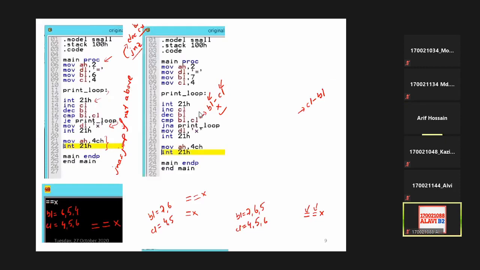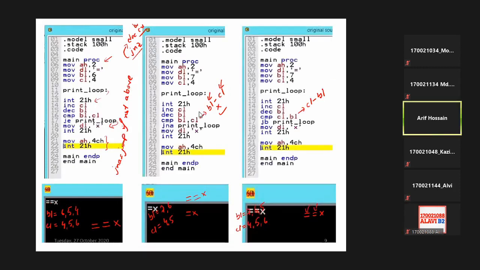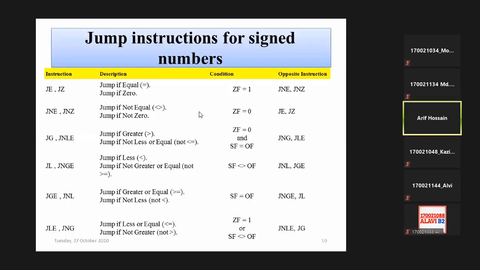Okay, so these were your 3 examples. Now let us move to another thing. If you remember, those instructions were for unsigned numbers. Now these are for signed numbers, and this is very important. You'll see that these instructions are the same; there is no difference between signed and unsigned.